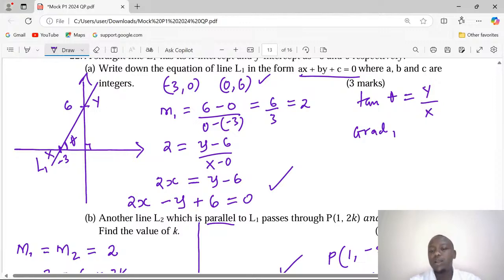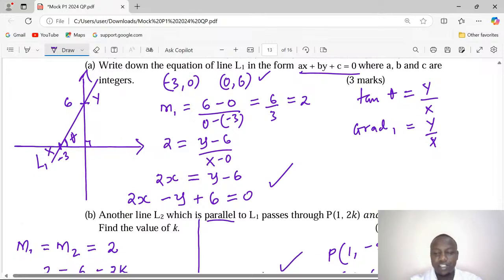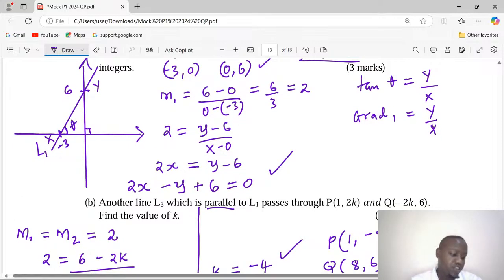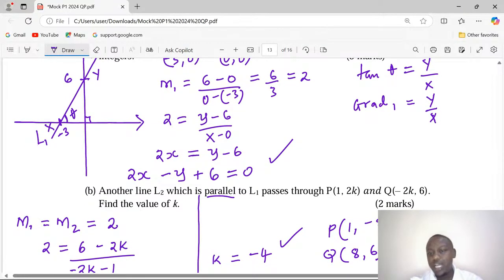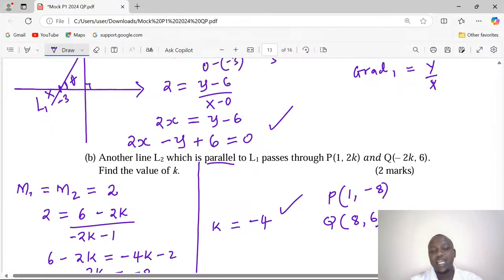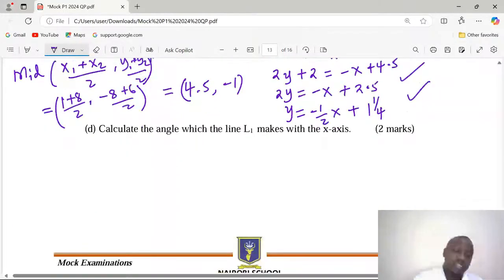Gradient of L1 will also be given by y over x, the y-axis change out of the x units change, which means that for a given acute angle, the tangent is always equal to the gradient.